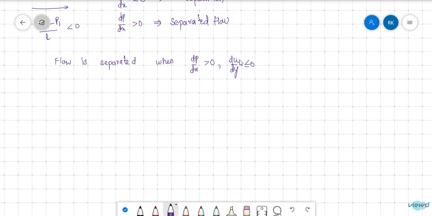Where this du by dy is less than or equal to 0, that will be at y equal to 0. This is for the case of curved plates.